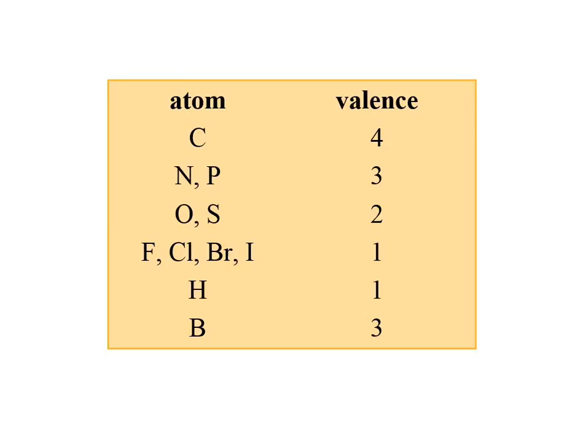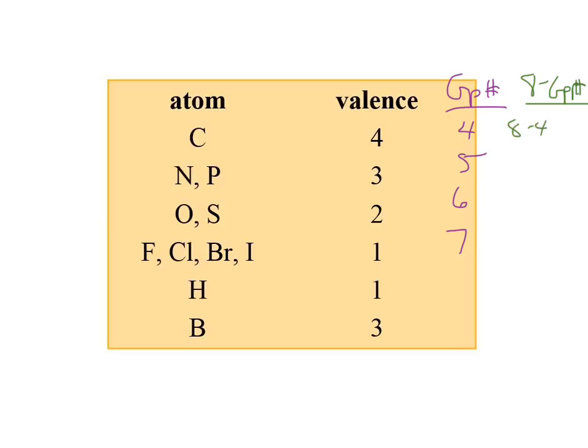If I add a column here for the group number, carbon is group number 4, nitrogen, phosphorus, group number 5, oxygen and sulfur 6, the halogens 7. And then I could add another column, and I could say 8 minus group number, just to emphasize what this slide is.